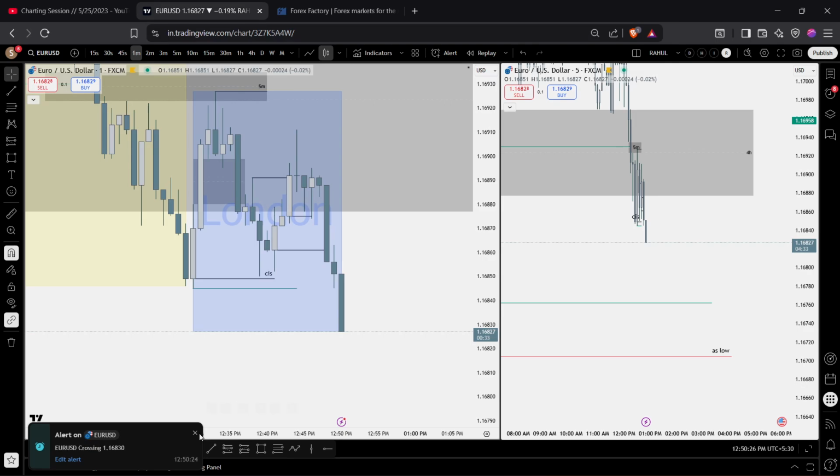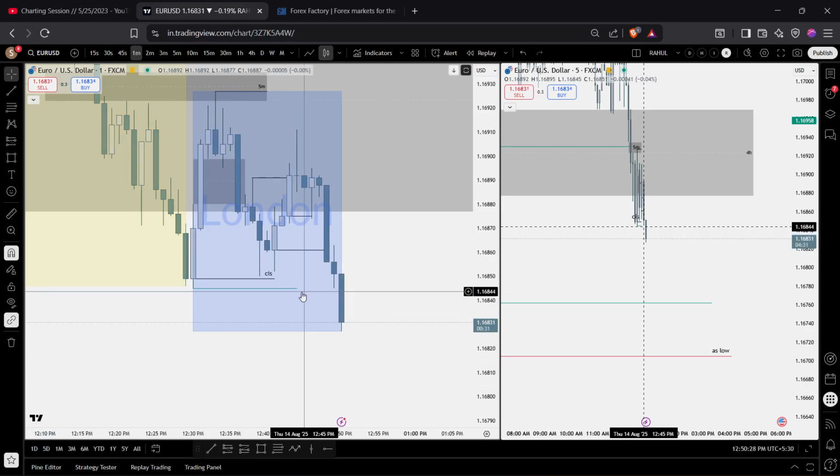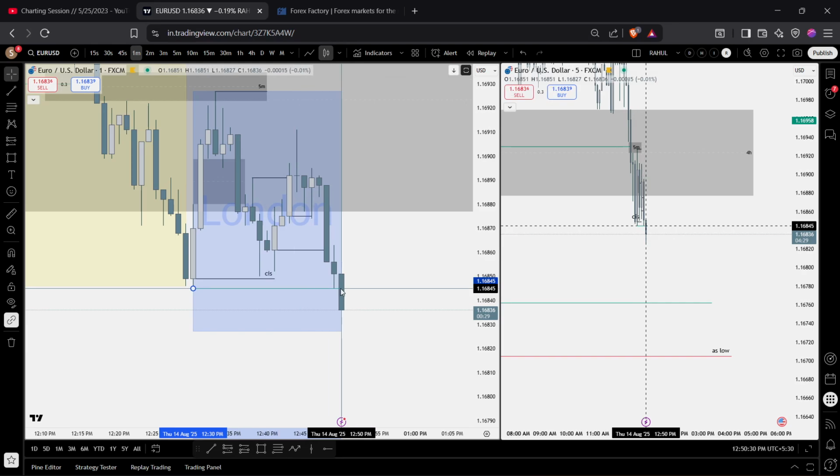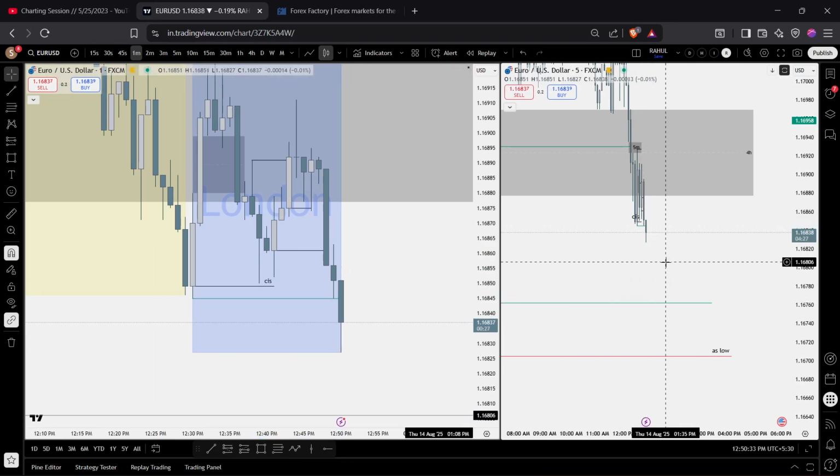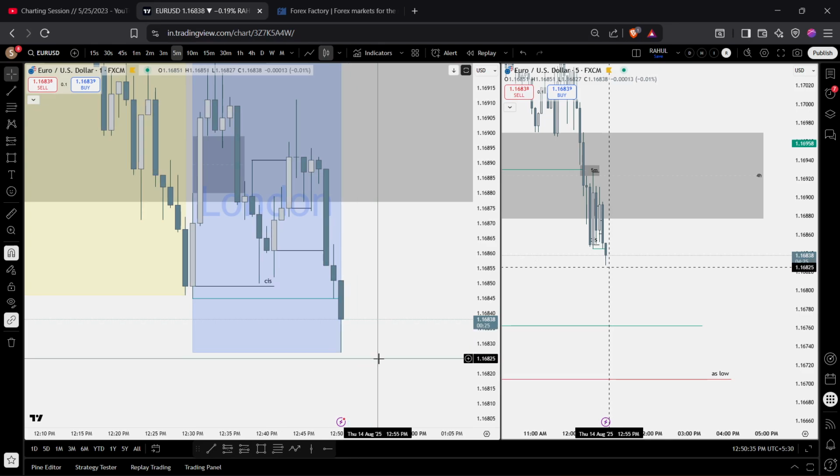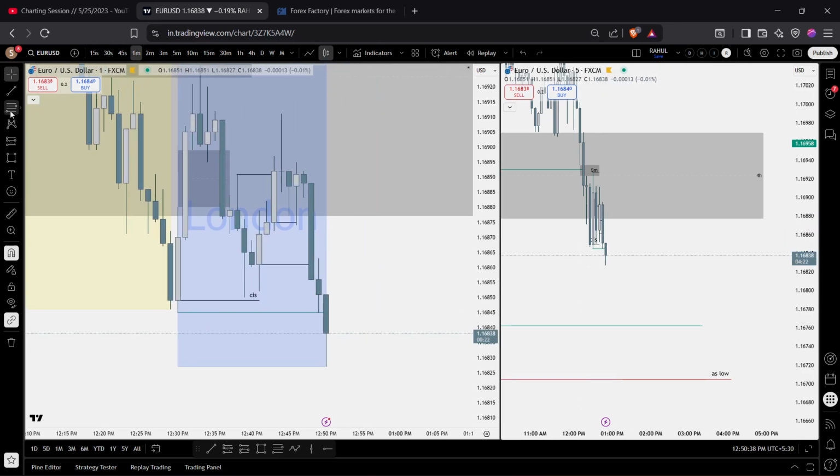Okay. Alert. Nice. I don't know who said that alert. So, structural close, then we can think about entry.